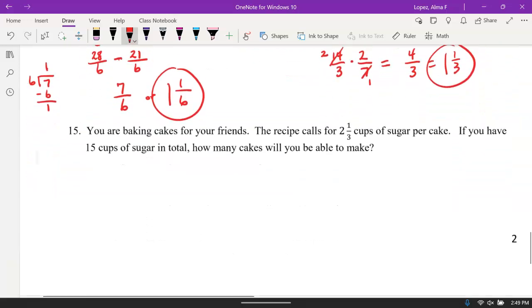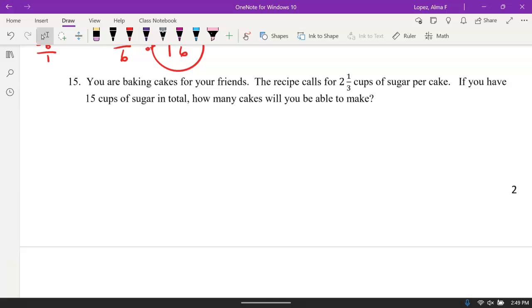And one more. You are baking cakes for your friends. The recipe calls for 2 1/3 cups of sugar. If you have 15 cups of sugar total, how many cakes will you make? So I've got to split this 15 cups of sugar up into 2 1/3 cup batches, right?